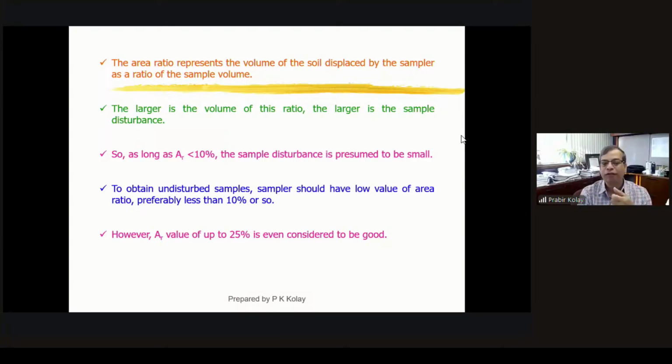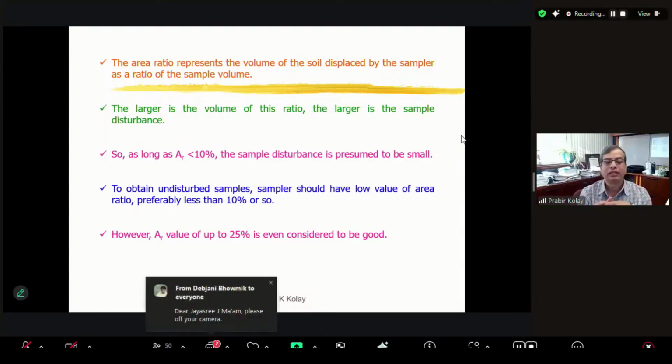The larger the ratio, the larger the sample disturbance. Most of the time, if the area ratio is 10, it's a very good sample, and sometimes an area ratio up to 25% is even considered good, depending on the situation.